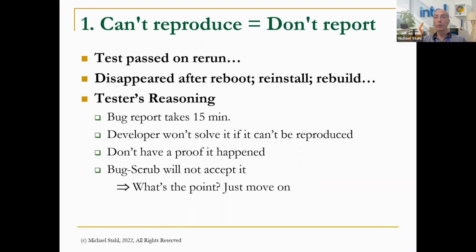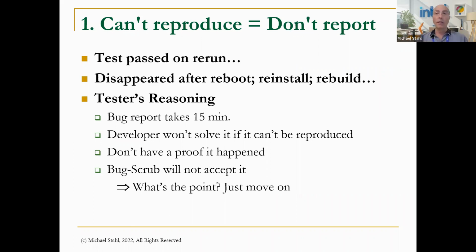Possibly you had a reboot in the middle, or you reinstalled or rebuilt the new version, whatever you did, the bug doesn't happen again. And you say, look, I can't reproduce it. If I need to report it, it will take me time. If it doesn't reproduce, the developers will have nothing to do with it. What can they do with it? Sometimes I don't even have proof that it happened.